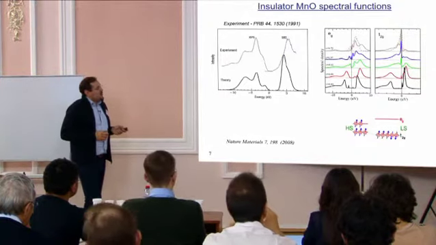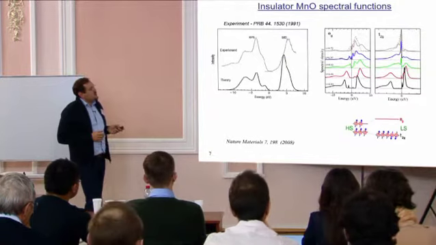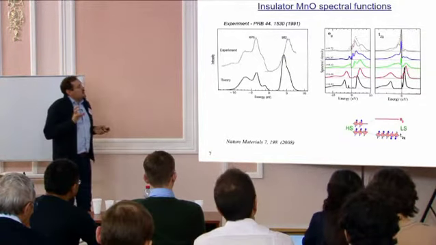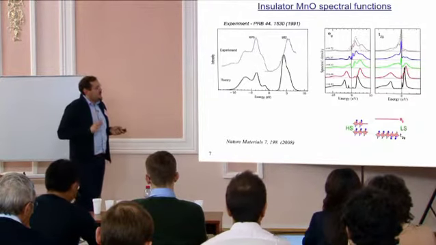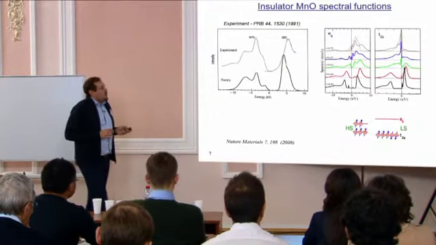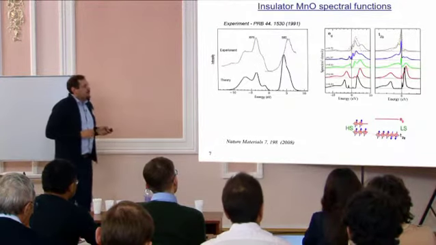Applying pressure, one can get to a situation at some volume, about half of the experimental value at ambient pressure, when the EG states are almost empty and the T2G states are filled.